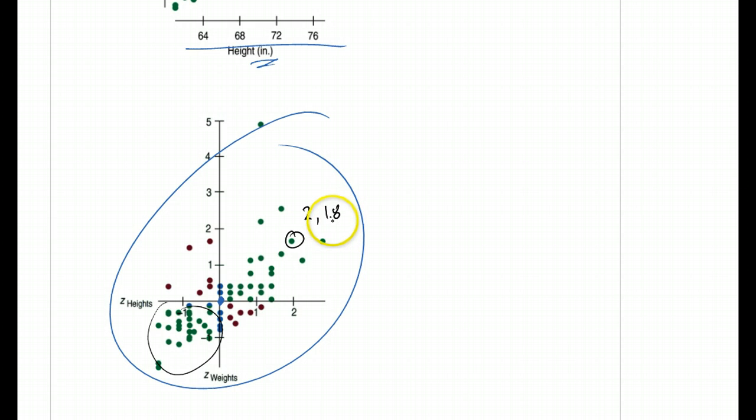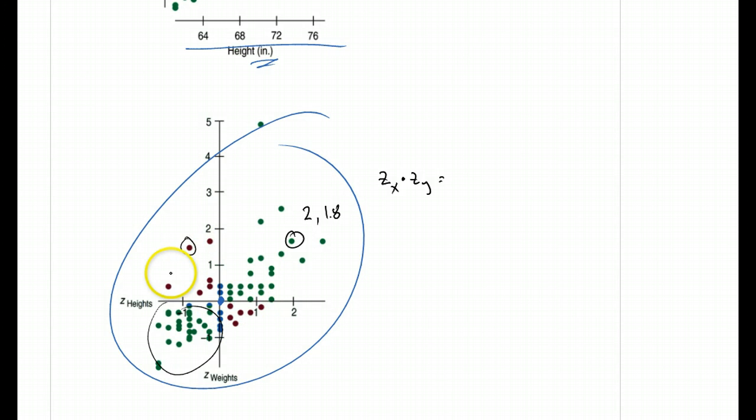When we multiply the Z score for X times the Z score for Y, you get a positive number. Same thing down here: if we multiply a negative Z score times a negative Z score for weights, you get a positive number. So all the green points support a positive correlation. On the other hand, all the red points, you're going to get a negative answer.